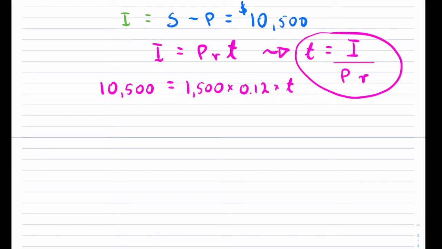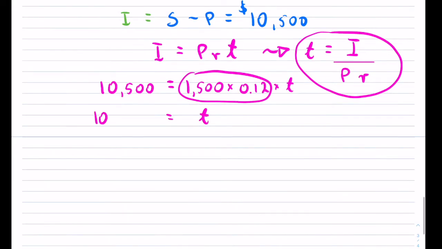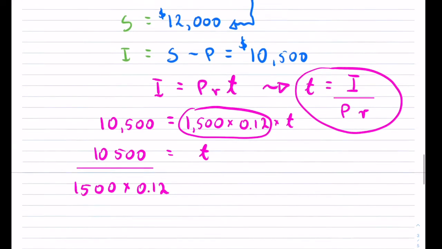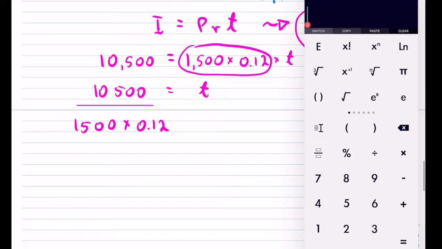So you can multiply them directly, or you can divide both sides by that. So T equals 10,500 divided by 1,500 multiplied by 0.12. This is not a compounding question, so we can just use our regular calculator.